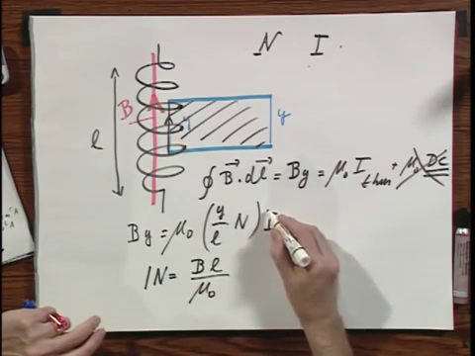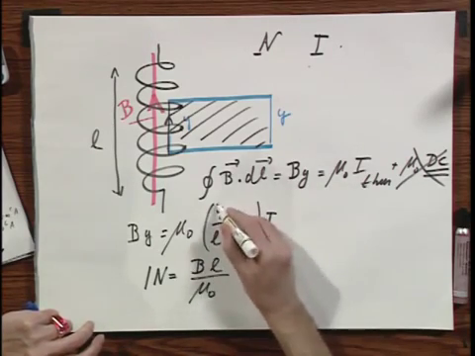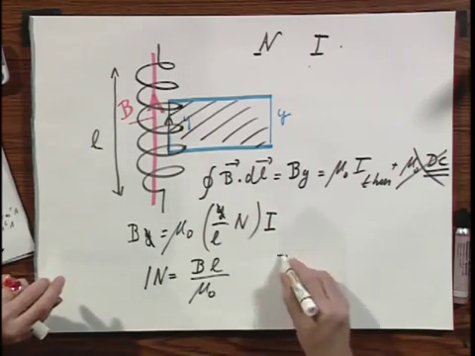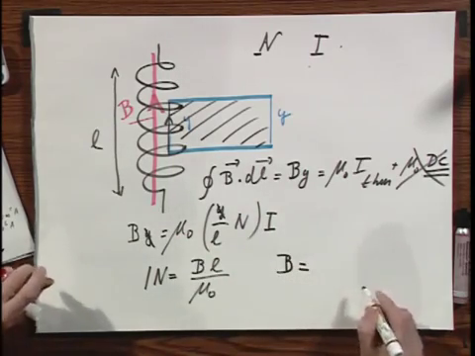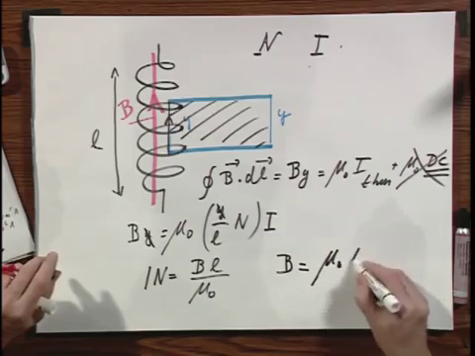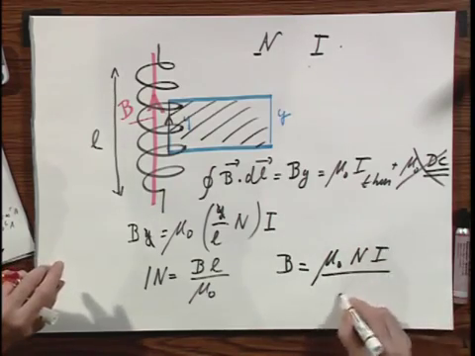You realize, of course, that the Y cancels. And if you wanted the equation in terms of B, then you would have mu0 times N times I divided by L.